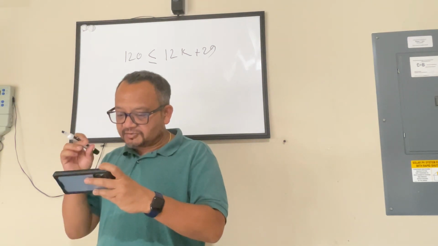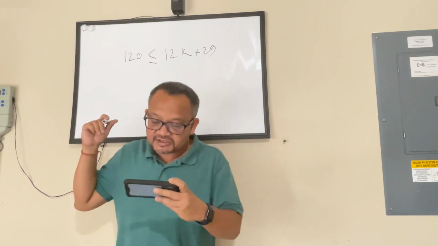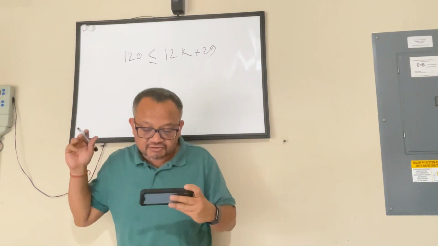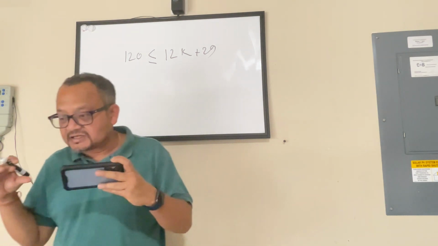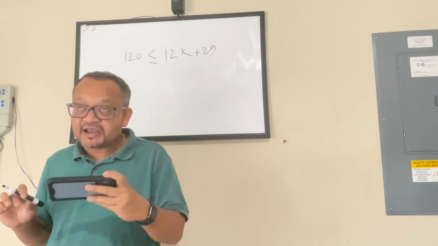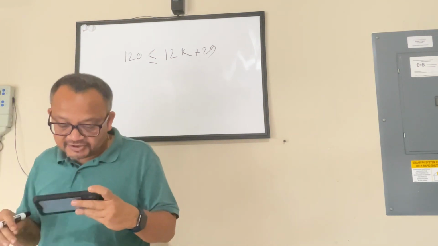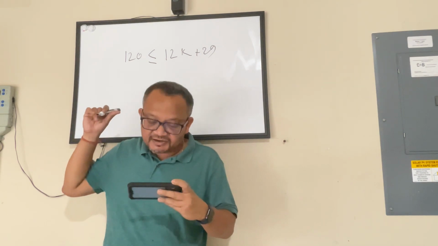So there are four options given. First, the inequality expression that you have to write down is 120 is less than or equal to 12k plus 29. Now let's hear the sentences given, saying which one represents this inequality. The question is, which situation represents this inequality that you have noted down?